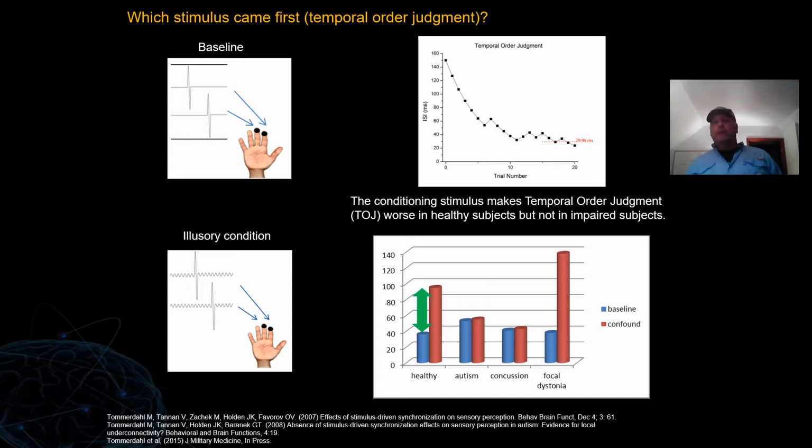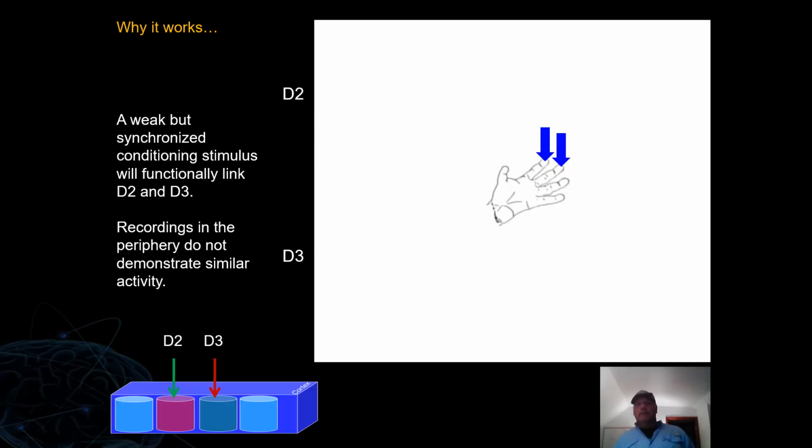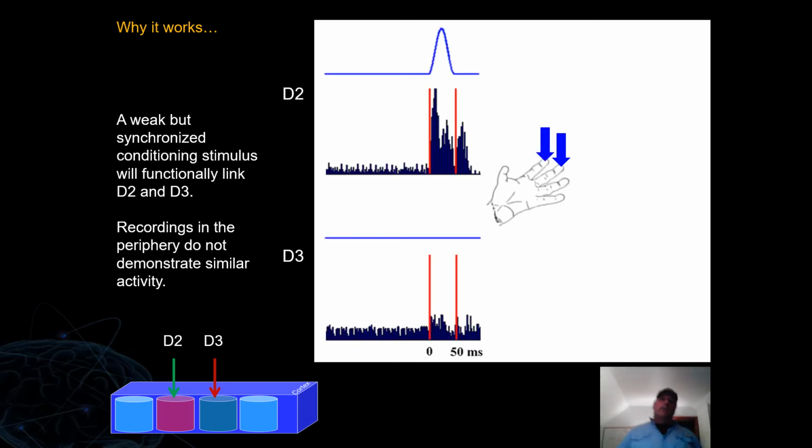So basically, the hypothesis is this. When you deliver one stimulus to one finger, and D2 stands for digit 2, you deliver a stimulus to digit 2, and here is the digit 2 stimulus, and here's the response in the brain.